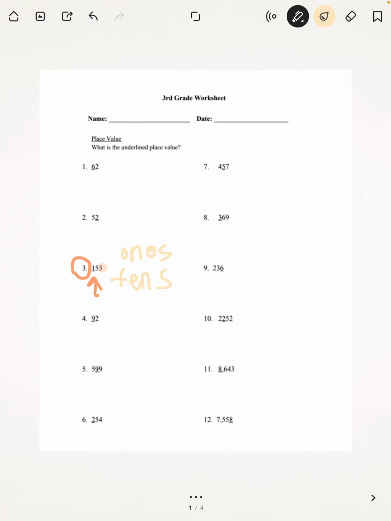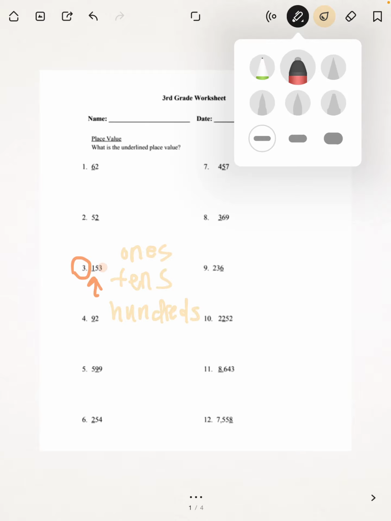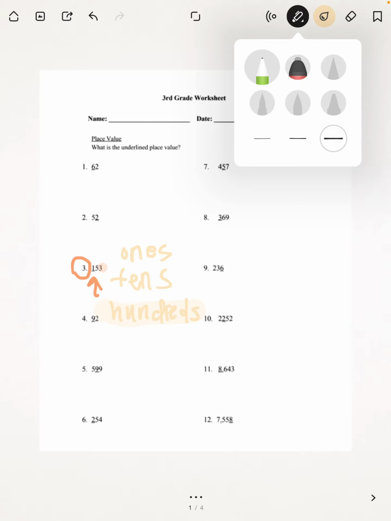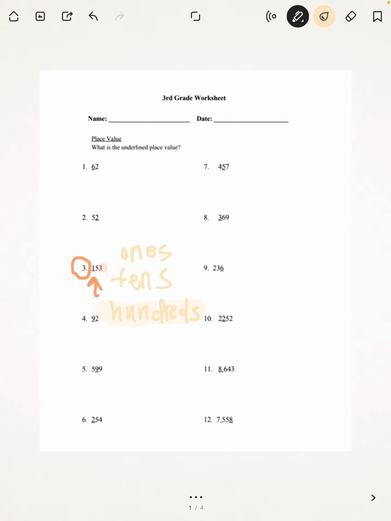And the 1 is in the 100's place. So the answer for number 3 is going to be hundreds. You just need to figure out which place the number is in first, and then you can figure it out.